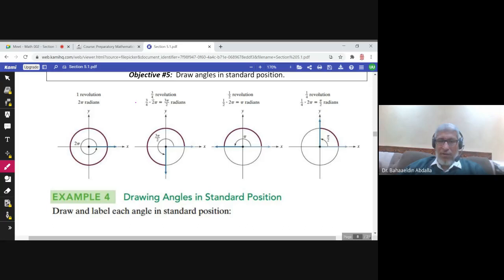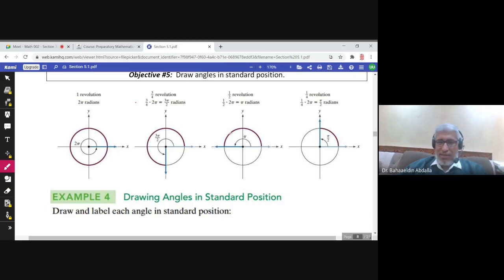Here we have 3/4 revolution, a positive angle in standard position. The measure of this angle in radians is 3/4 times 2 pi, because one revolution is 2 pi, so it's 3 pi over 2. So the measure of this angle is 3 pi over 2 radians.